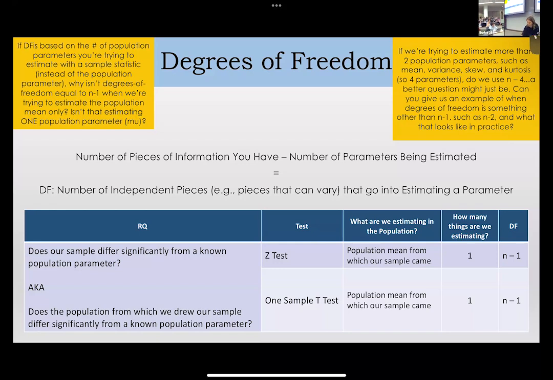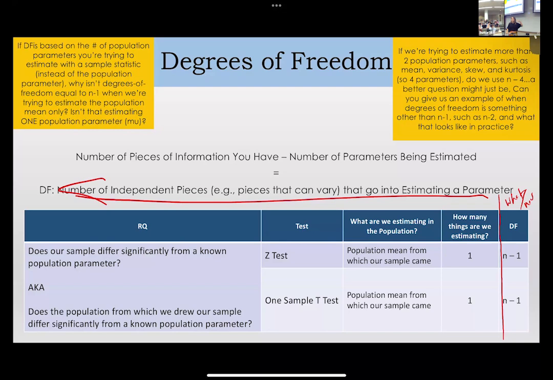So if you think about this, this is the what, or how. I care that you understand why. So the idea is, guess what drives our research question? It's not the test or our degrees of freedom. It's the research question, right? So our research question is, does our sample differ significantly from a known population parameter? Here we have a known parameter, and here we have this sample. So what do we have to estimate?